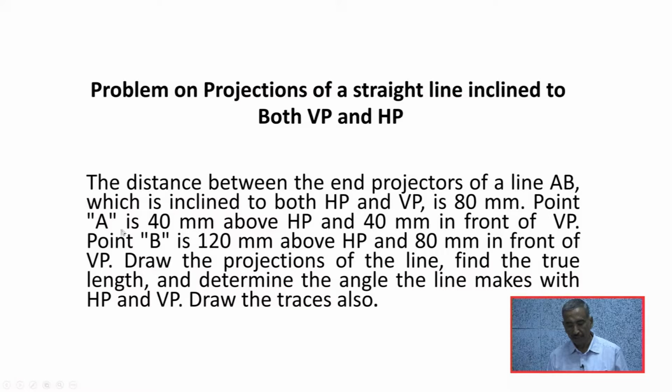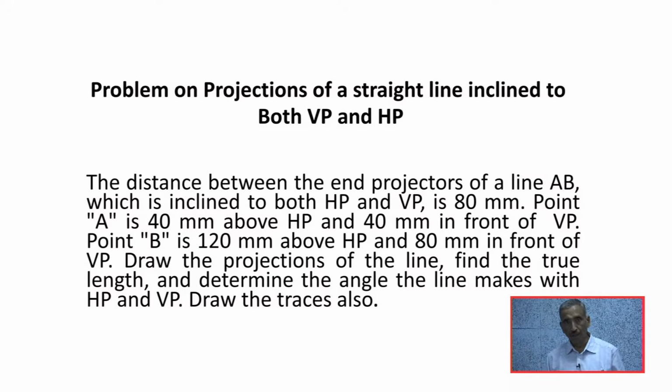Point A is 40 mm above HP and 40 mm in front of VP. Point B is 120 mm above HP and 80 mm in front of VP. Draw the projections of the line.